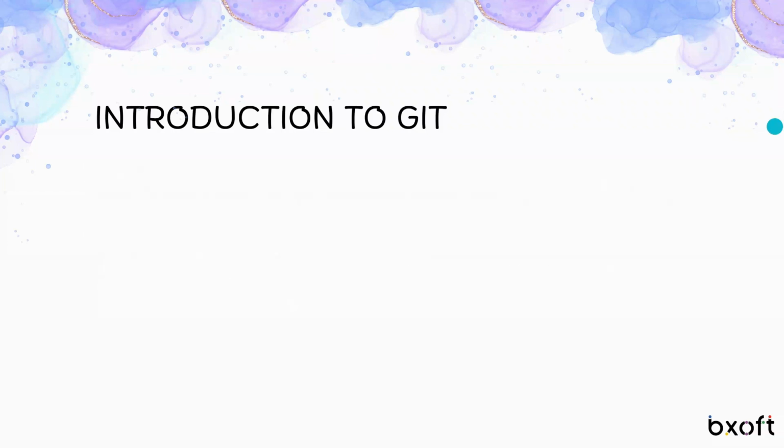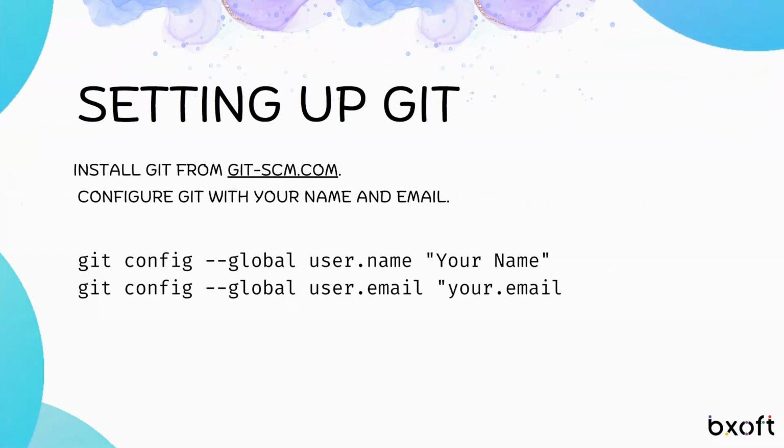Before we get into the commands, let's make sure Git is set up on your system. Just go to git-scm.com and download Git for your operating system. Once Git is installed, configure it with your name and email by using these commands.